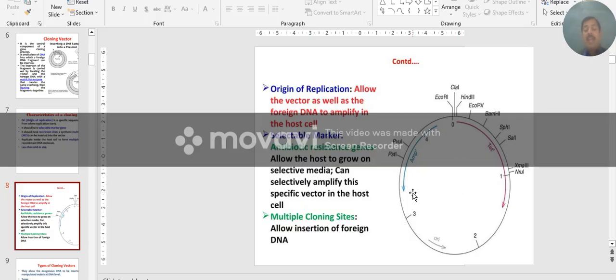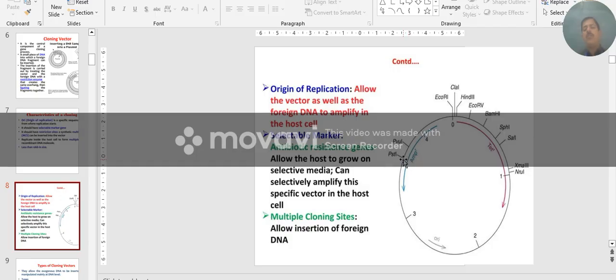As you can see, about 50% of the surface of this vector molecule contains restriction endonuclease sites, thus making the vector molecule not so useful. As I said, if restriction sites lie within any gene region, then that gene gets deactivated.